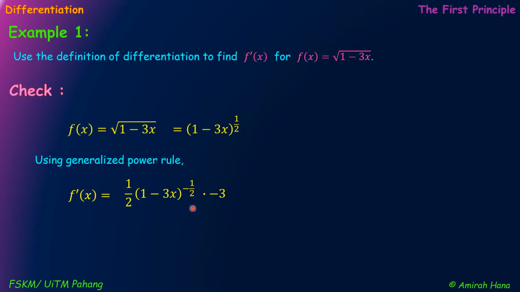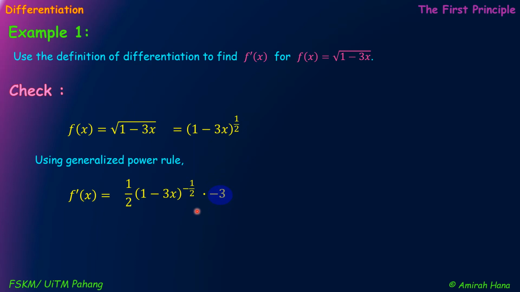How do we get this? Let's look at it step by step. First, we move the power to the front. After that, we copy the bracket, the original bracket. Then for the power, we do power minus 1, so half minus 1 equals negative half.